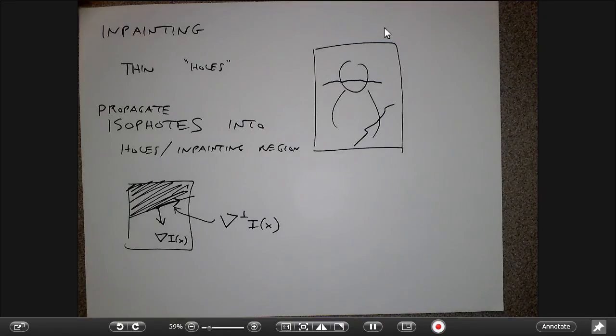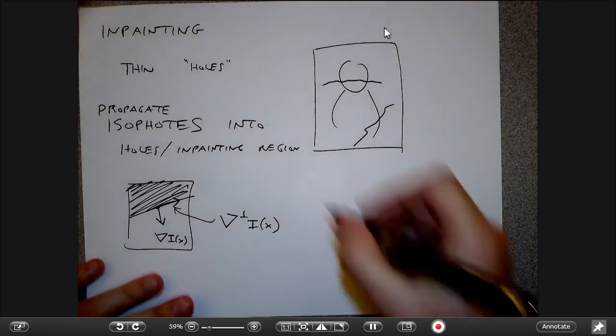The original inpainting approach, proposed by Bertalmio et al., was to make sure that the edges of the image are not changing in the direction of the isophotes.